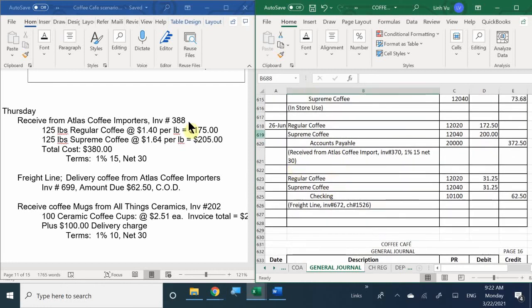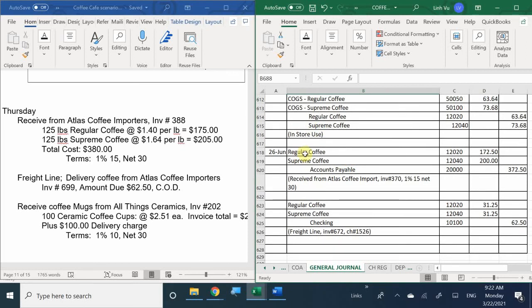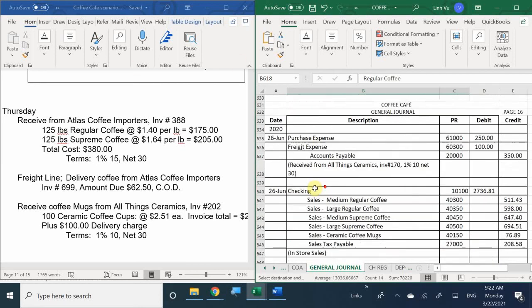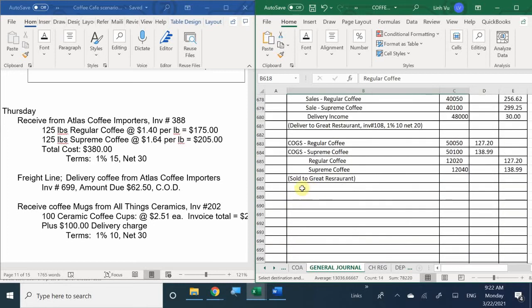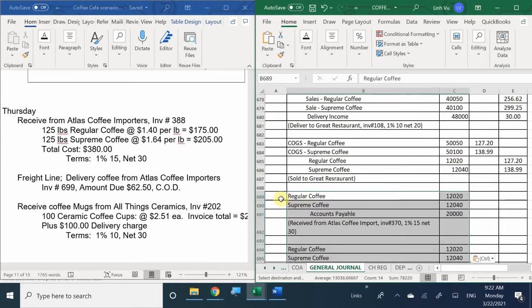Because what kind of inventory are we using for coffee? Perpetual. Yes, we're using perpetual, so therefore we need to actually indicate that. $6.27.